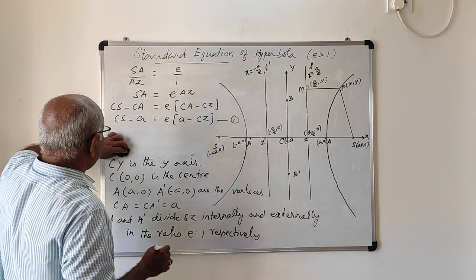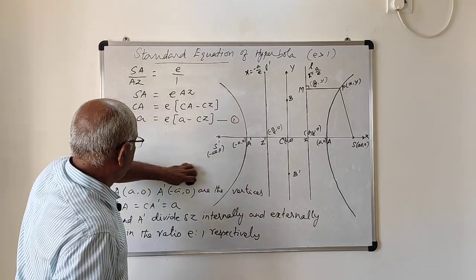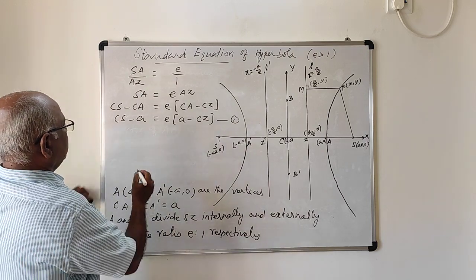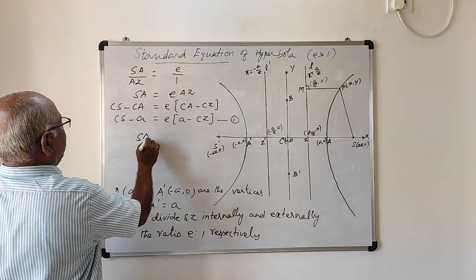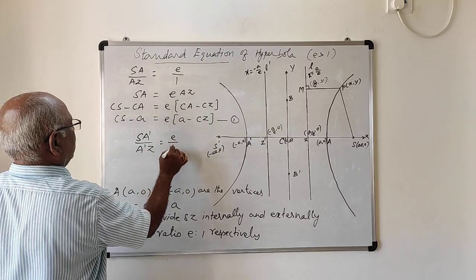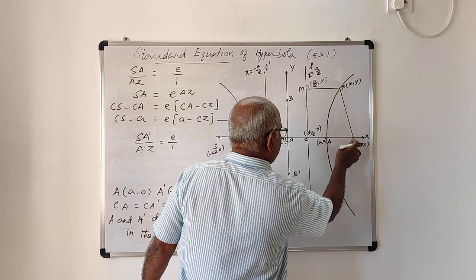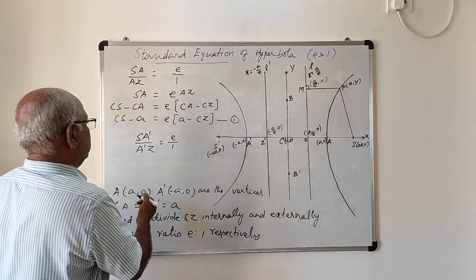Similarly, A dash divides SZ externally in the ratio e is to 1.